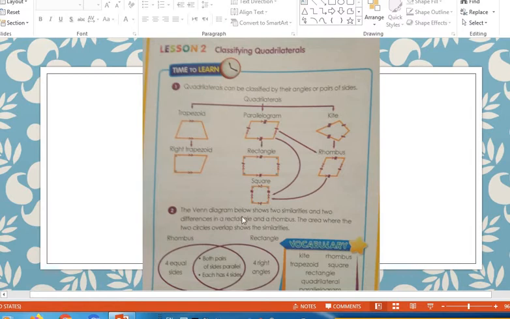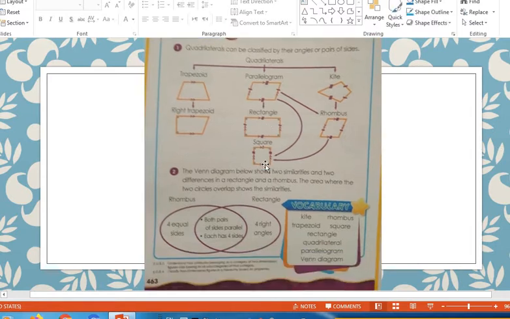The Venn diagram below shows two similarities and two differences in a rectangle and the rhombus. The area where the two circles overlap shows the similarities. Here I have the rhombus and the rectangle. Both pairs of sides are parallel.